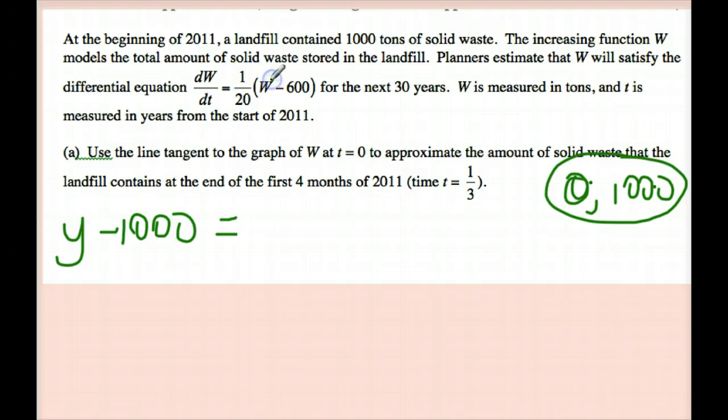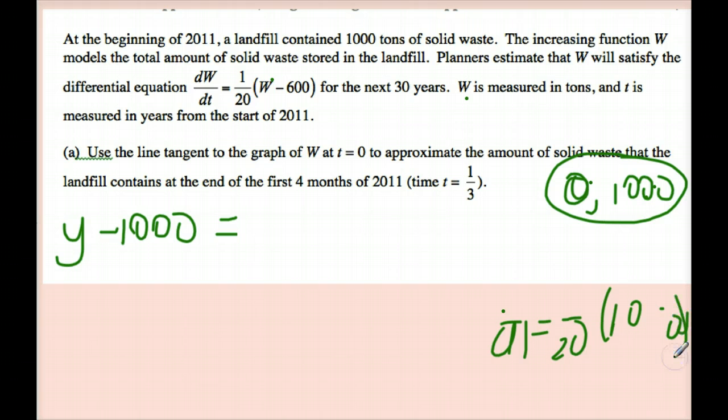and to do this, I need to plug into our w, so w is our tons. So I get dw dt is equal to 1 over 20 times 1,000 minus 600.